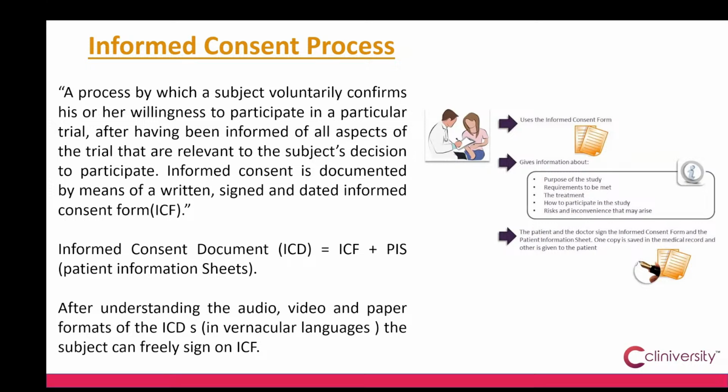This informed consent form is finalized by the CRO and sponsor, and the investigator will use it to get the signatures from the subject. If the subject is willing to participate, then the subject is going to put the signatures, and then the subject can be part of a clinical trial.